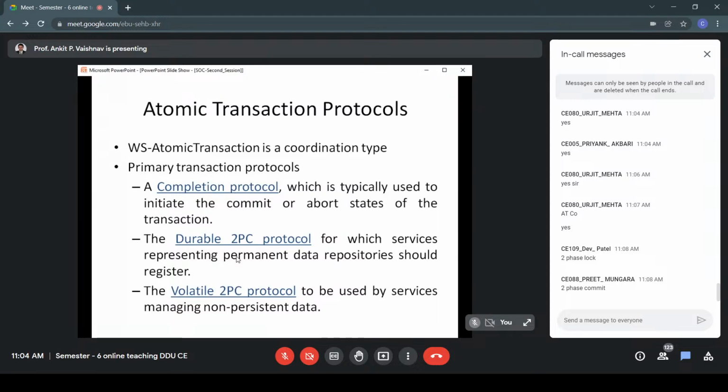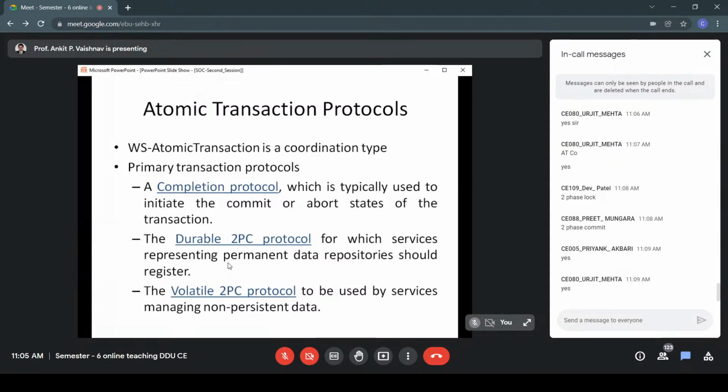So if you are a service which represents permanent data, say a bank account service, can I say that it is going to maintain permanent or persistent data, or that it is connected to the permanent database that you are having? Yes or no?